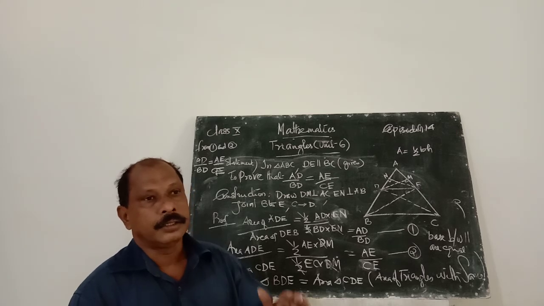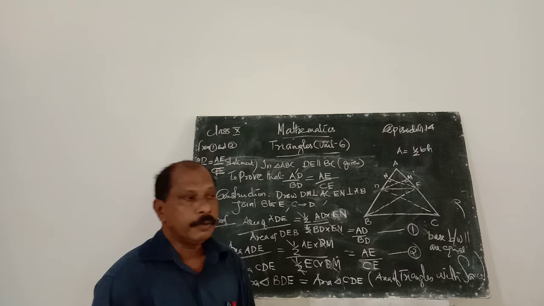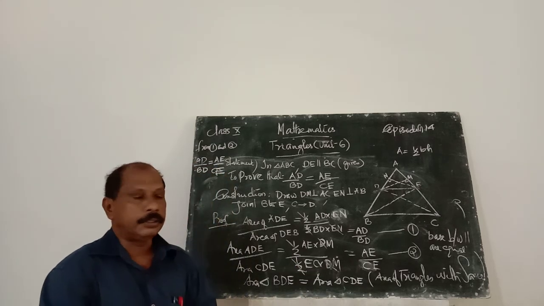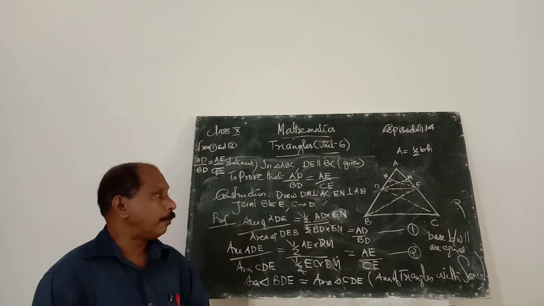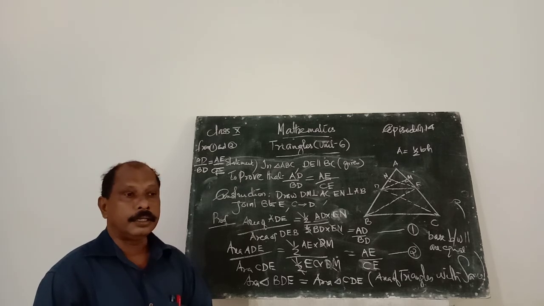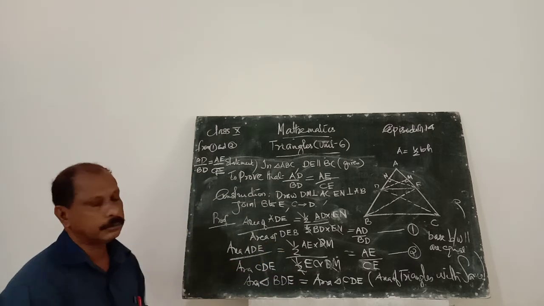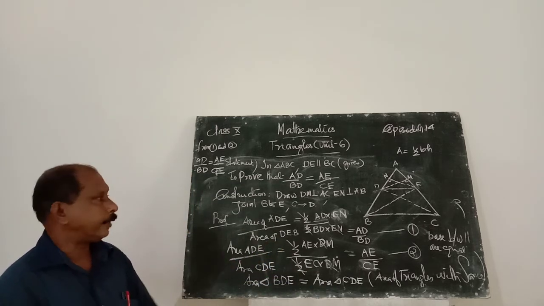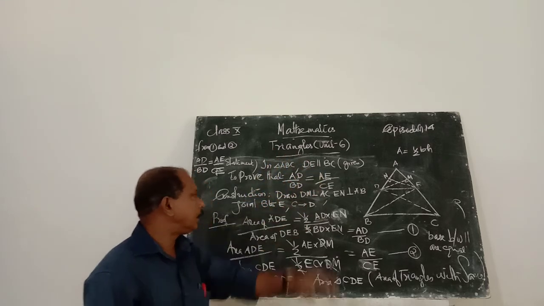That is the definition of that theorem. We can prove that theorem. The statement is: in triangle ABC, DE is parallel to BC. Then we have to prove that AD by BD is equal to AE by CE.